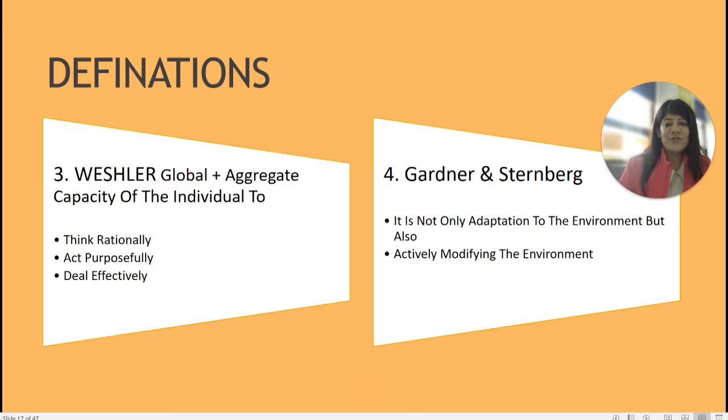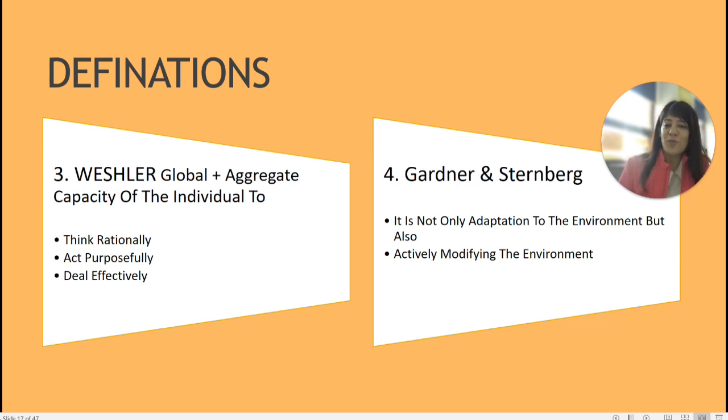So let's look at the definition given by Wechsler. According to Wechsler, intelligence is all about the global and aggregate capacity of the individual to think rationally, act very purposefully, and deal very effectively with the world around them. So yes, thinking rationally is a very important factor when you think about intelligence, right? You've got to think logically, you've got to think well and swell. You've got to also act purposefully.